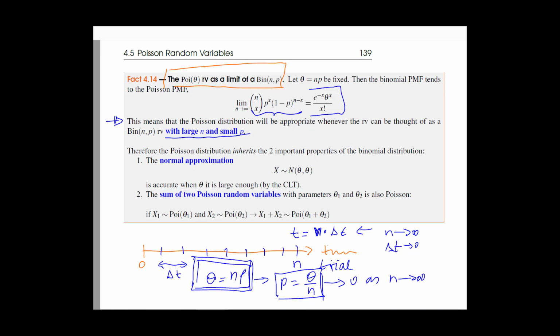So those are the two ingredients we needed, and that's why the number of accidents is typically modeled with Poisson distributions. So anything where the experiment is such that n is large and p is small would give you a good Poisson random variable. So please try to come up with examples for the lecture.